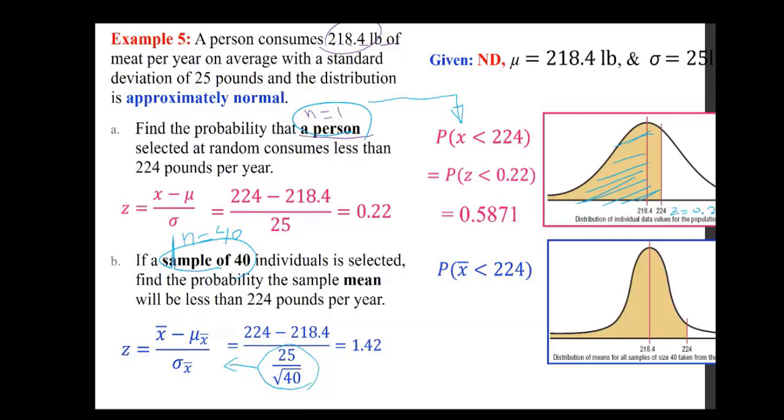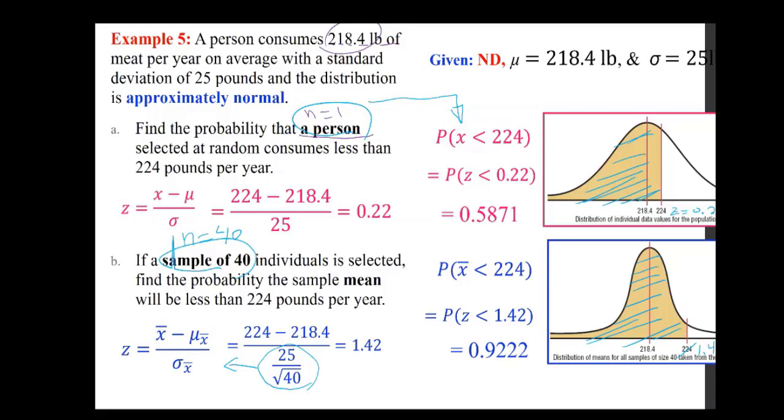This is the simplest way to define it. So z is 1.42. If I'm looking up the z table, I would have this 1.42, and I go to the positive z-score, and I look this up, and it gives you 0.9222.